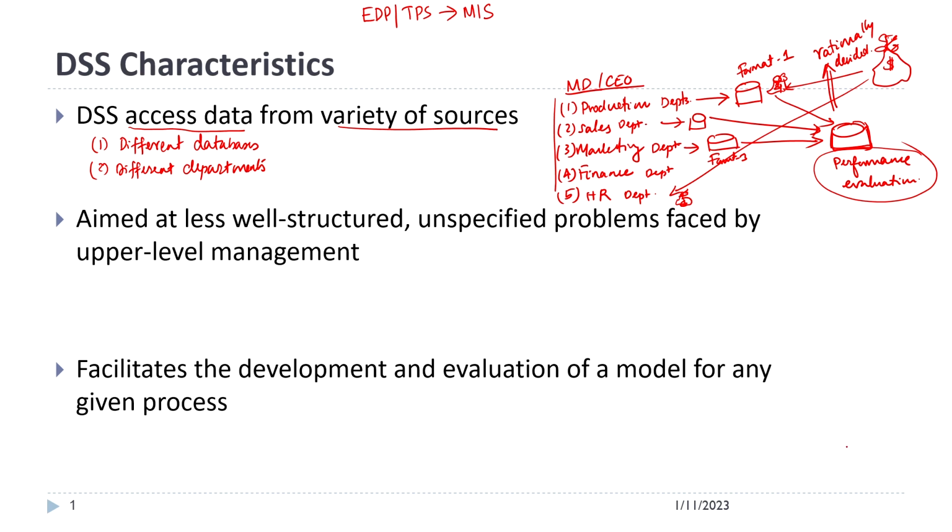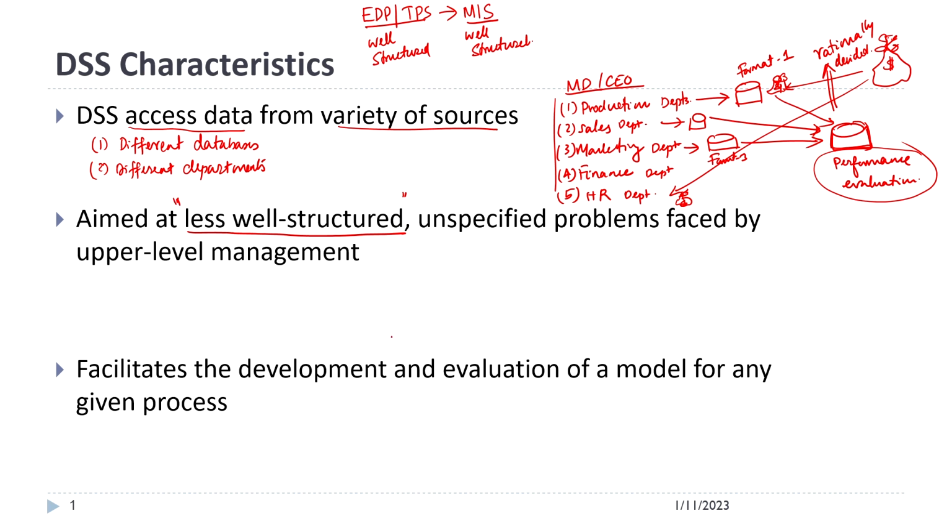So, what happens is this decision process is usually less well structured. Up to this point, your EDP and MIS were well structured, whereas at the DSS level, it is not very well structured.